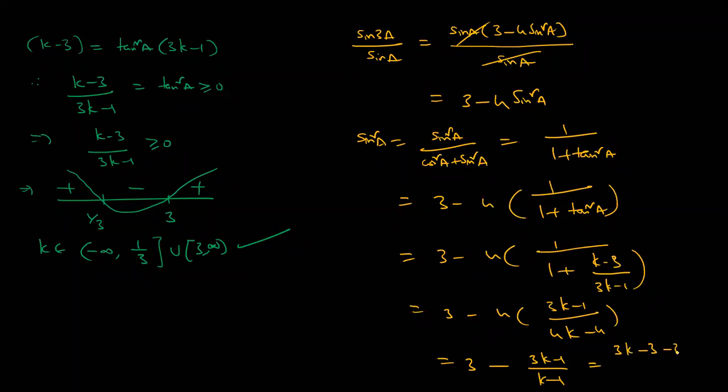K minus 3 minus 3K plus 1. This much process is not required. Directly write down.